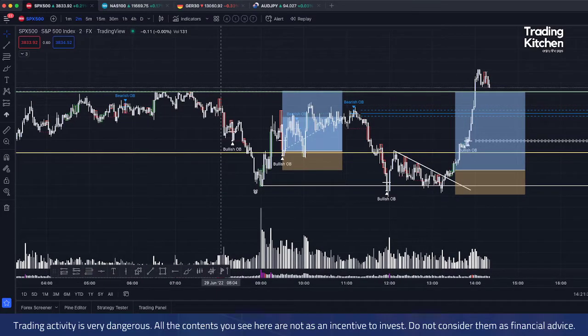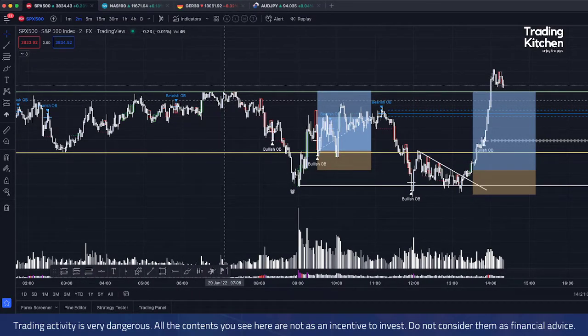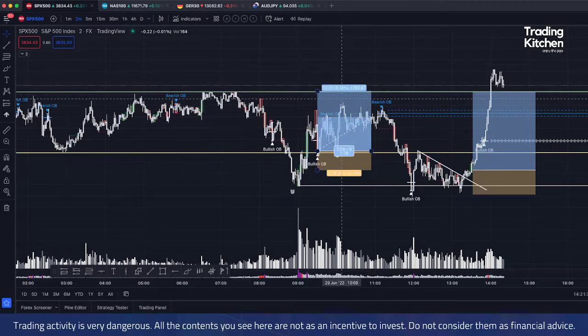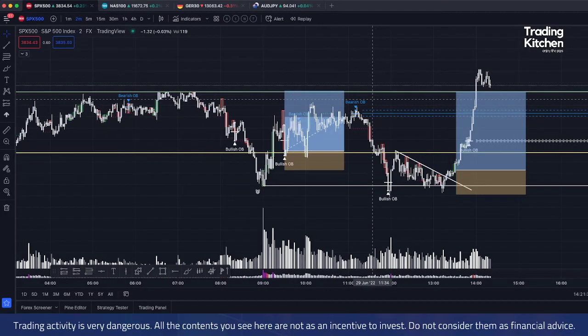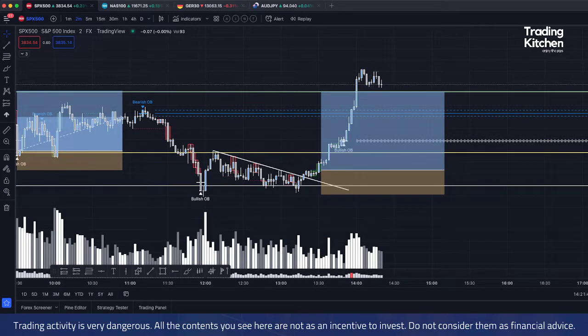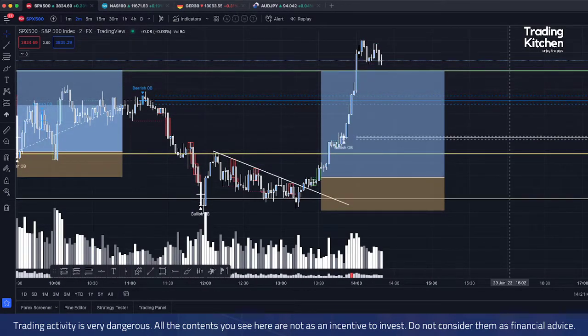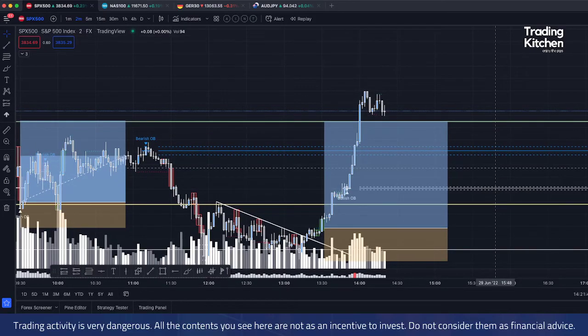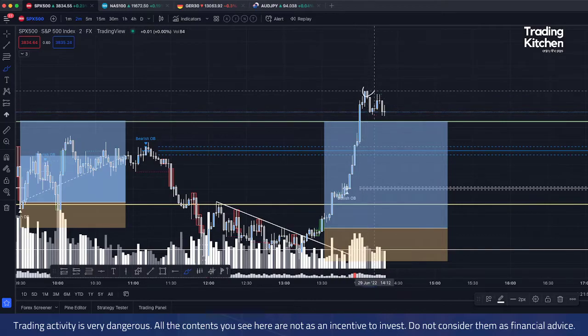Now look here, we are grabbing this liquidity on the Asian session high. So now it could be good on S&P probably for a short trade, but as you can see here, we have two double tops, one here and one here.